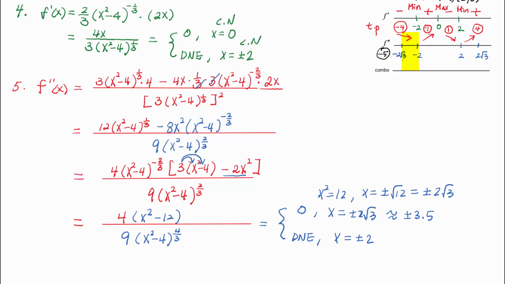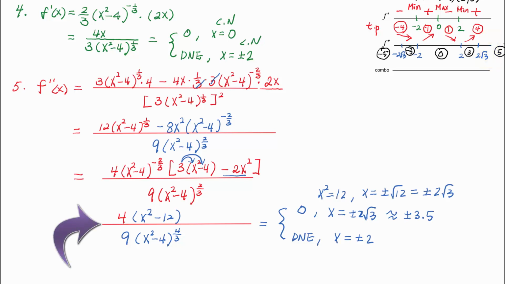The test point between -2 rad 3 and -2 will be -3. I will choose 0 for the test point between -2 and 2. I'm going to pick 3 for the test point between 2 and 2 radical 3. Let me choose 5 for the test point after 2 radical 3.